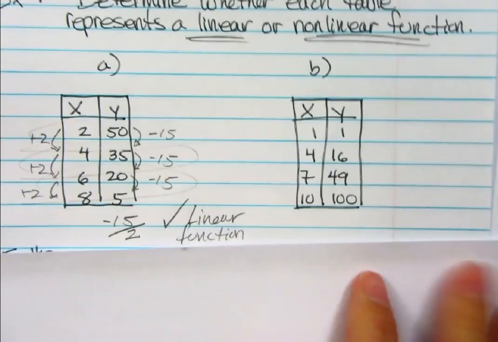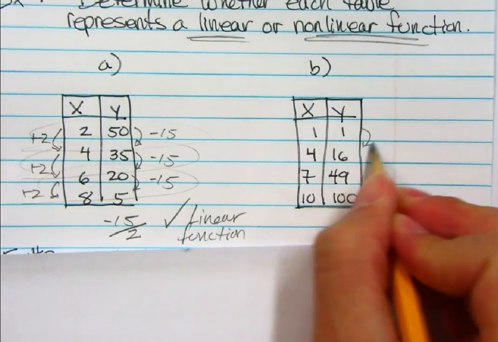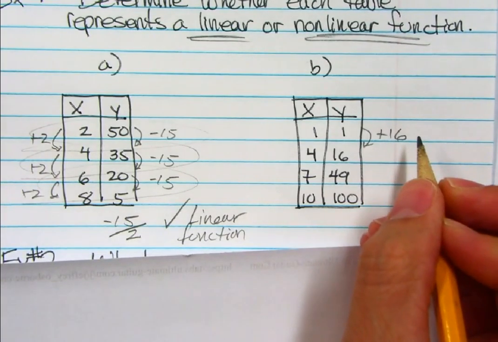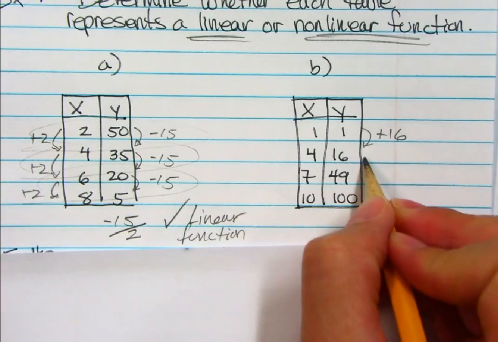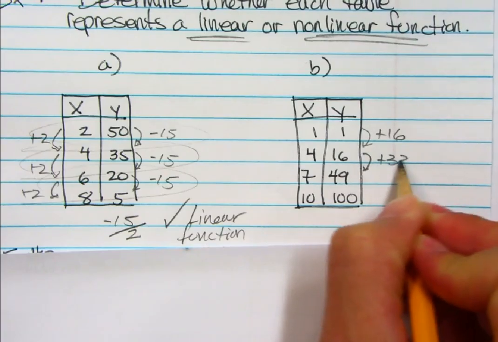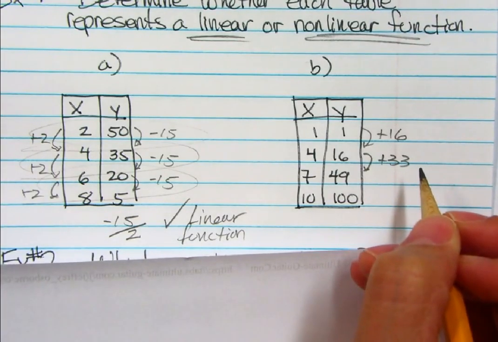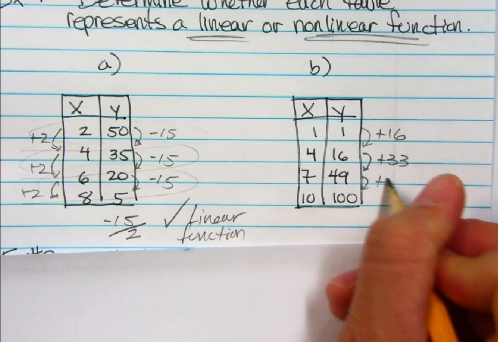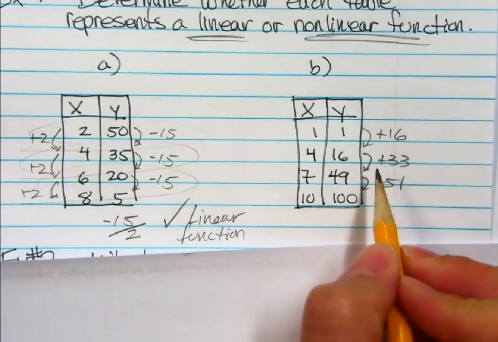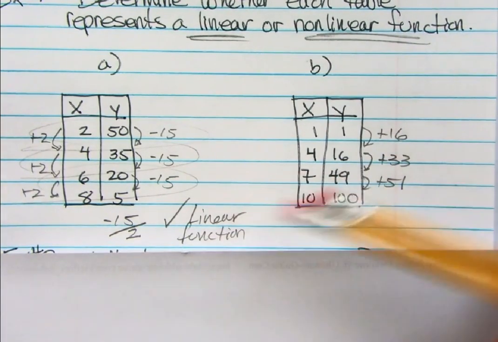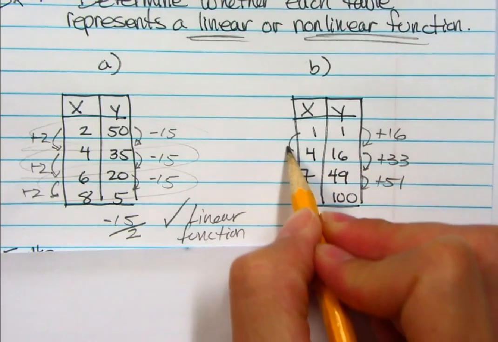Now if I jump over to my next one, it went up by 16, and then from 16 to 49, it goes up by 33, and then from 49 to 100, it goes up by 51. Now, even though these are different, that might not necessarily mean anything. Let's double check over here.